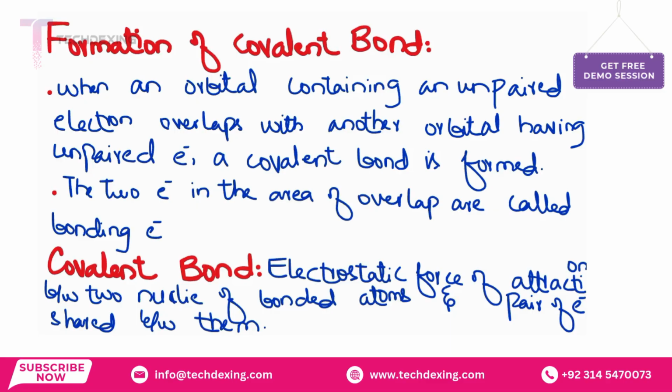And what is actually a covalent bond? Just like we defined the ionic bond, which was an electrostatic force of attraction between positive and negative ions, a covalent bond is an electrostatic force of attraction between the two nuclei and the bonding pair of electrons, because both nuclei have a positive charge and the electrons have a negative charge.